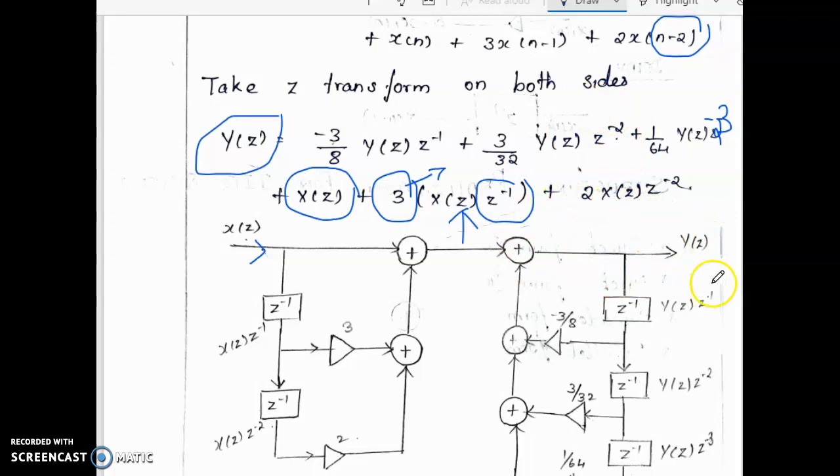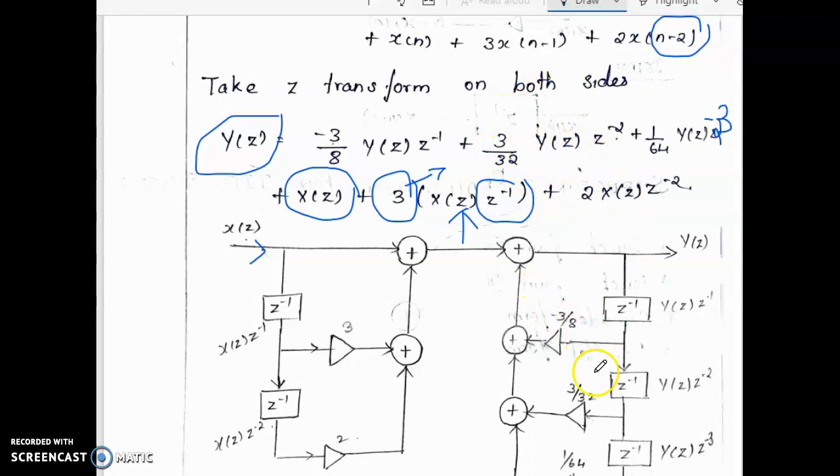So Y(z) is this function, and we take the delay element z power minus 1 with the scalar unit minus 3 by 8, to get minus 3 by 8 Y(z) z power minus 1.